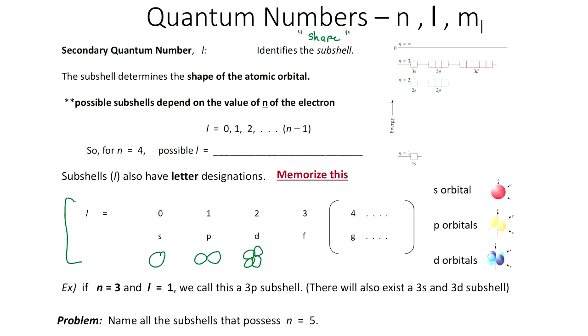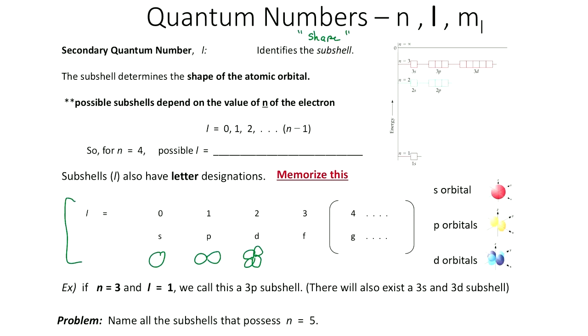What if L equals 1? What does that shape become? A dumbbell. You twist it once, and now you have these two lobes that come out. That's where we get our P subshell, L equals 1. And then L equals 2, that shape has 2 angular nodes. So how many times do you twist the balloon animal? Twice. You twist it once, it looks like a P orbital, then fold it in half and twist it again.